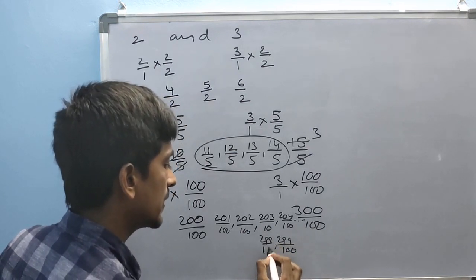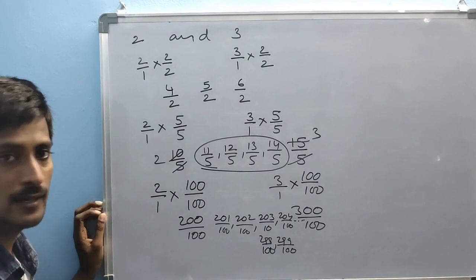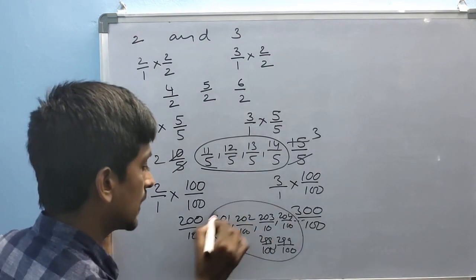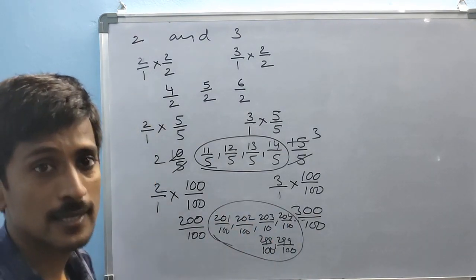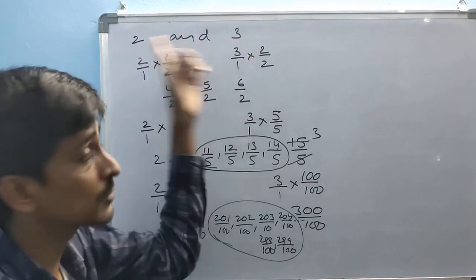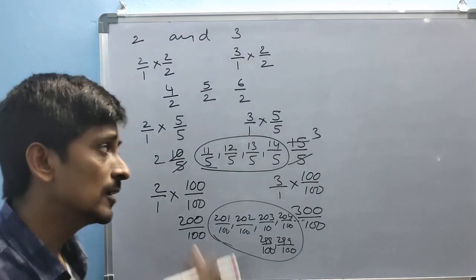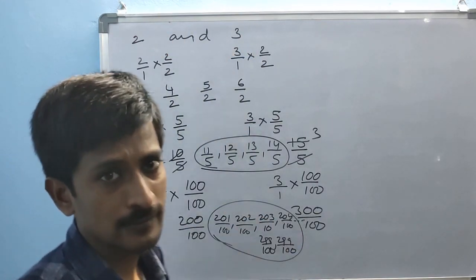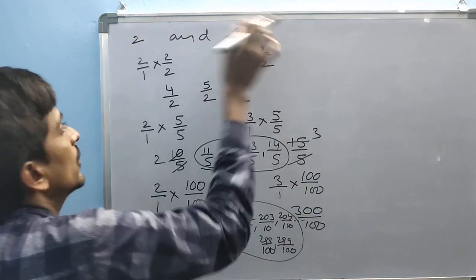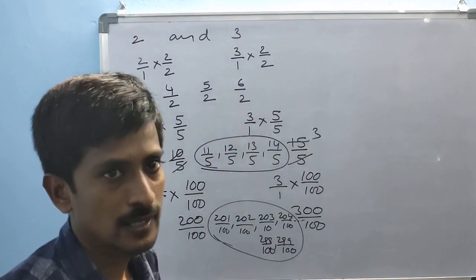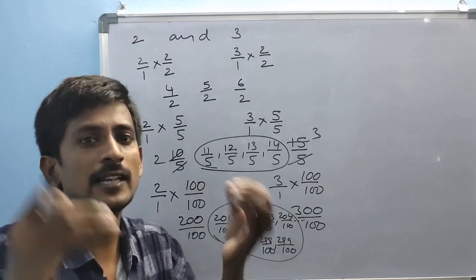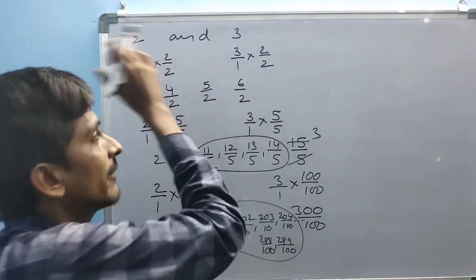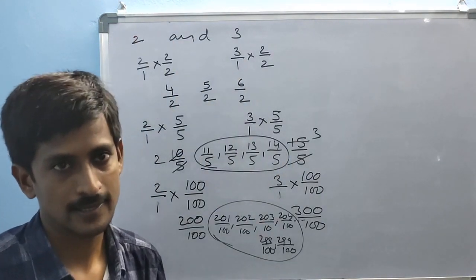How many numbers? 99 numbers in between the two numbers. And so on like that: in between any two rational numbers, we can write infinitely many rational numbers.